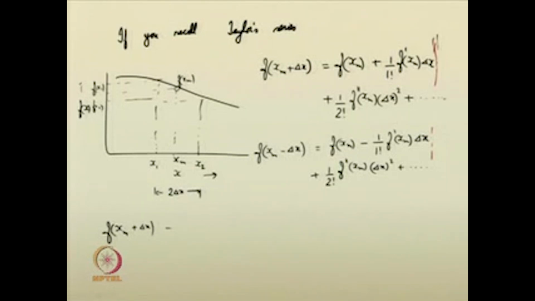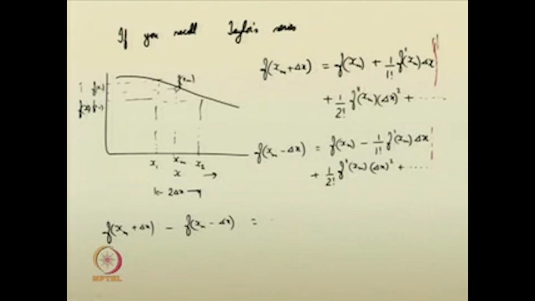So, if I truncate at this location and use algebraic manipulation on f of x m plus del x and f of x m minus del x, after truncating the series soon after the first derivative, what will you get?